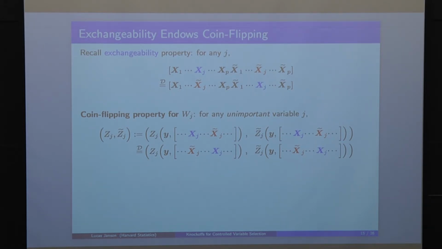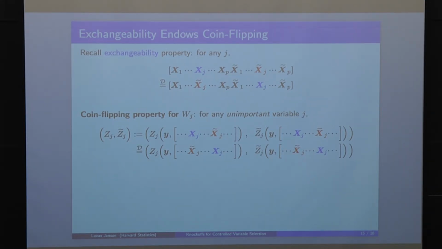So I have this, but I'm not done. The slightly more subtle fact is that zj is measuring the importance of xj, but really it's measuring the importance of the values in that jth column of this augmented design matrix. And so when I actually swap these two, what this object is measuring is the variable importance of the values in the jth column, which are now x tilde j, the knockoff values, which means it's actually measuring the variable importance of the knockoff variable, which is exactly what this is doing.